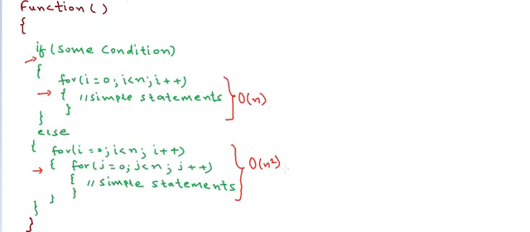As I had mentioned earlier, when we try to analyze time complexity, we always try to analyze it in the worst case. So in this case, if we are not lucky, the control of the program will go into the else condition, and the complexity would be big O of n square. So that's why we'll say that the time complexity for this particular program is big O of n square, because that's how it is in the worst case scenario.